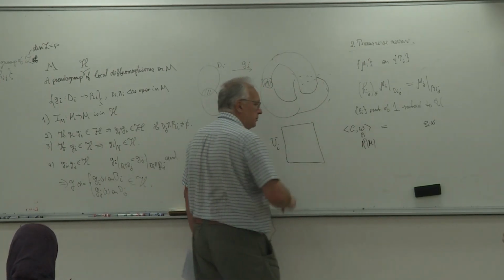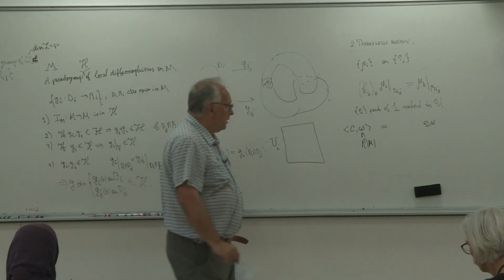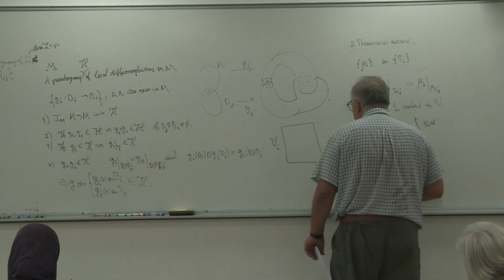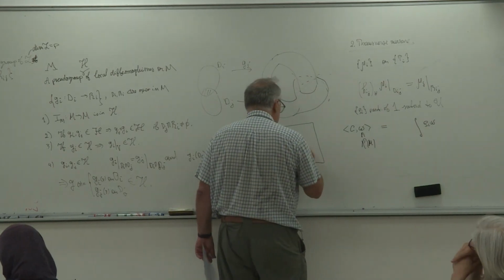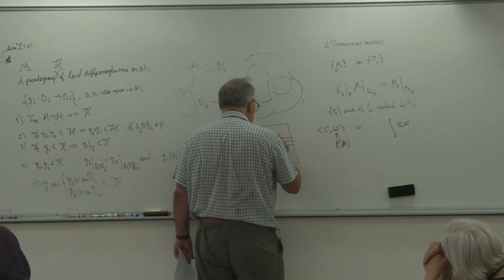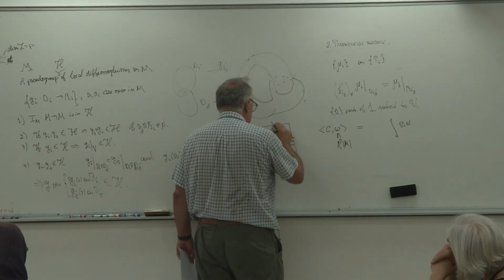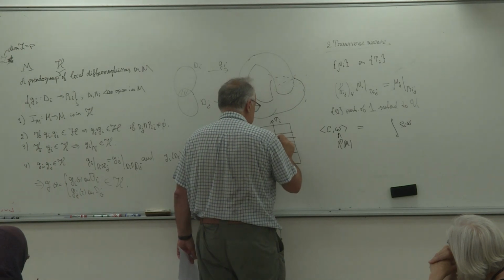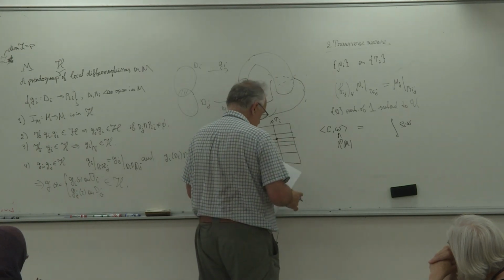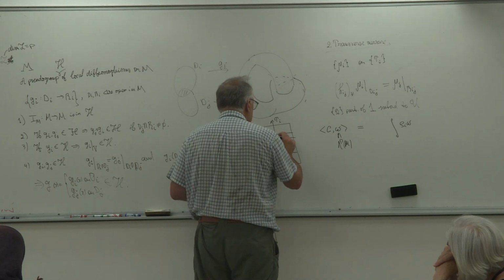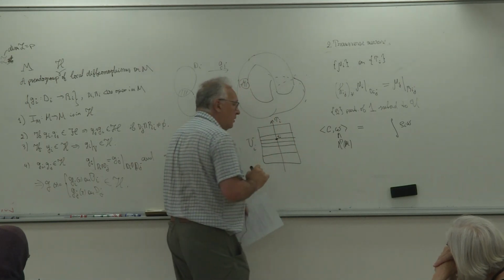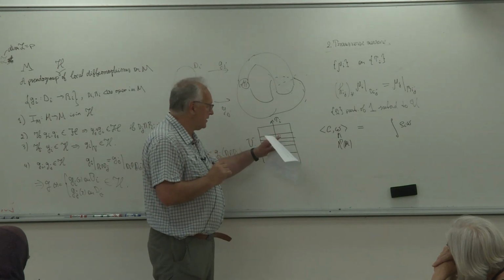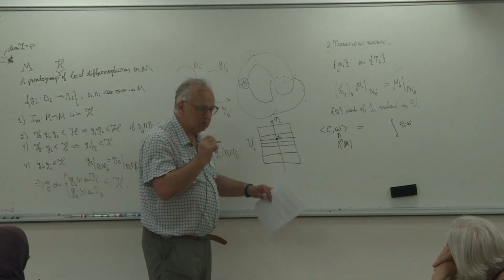Now this form has support in UI, so I can integrate it along any plaque. So this is a plaque, this is a transversal. A variable point on the transversal Ti I shall denote by small ti.